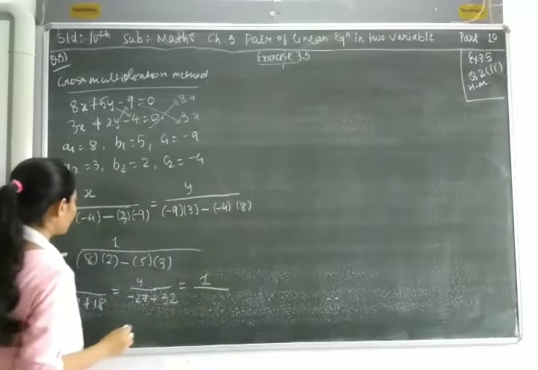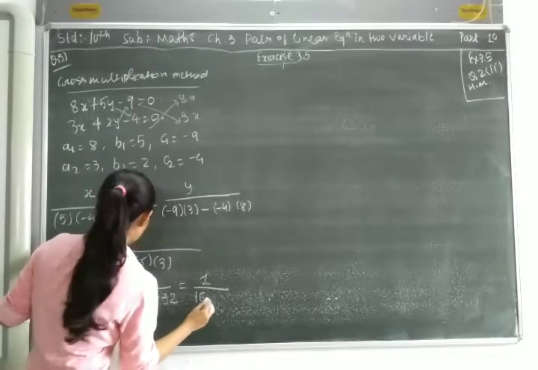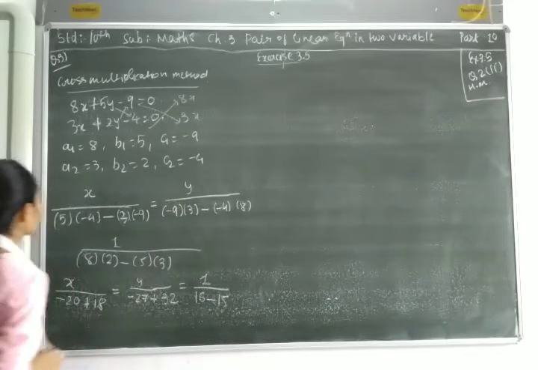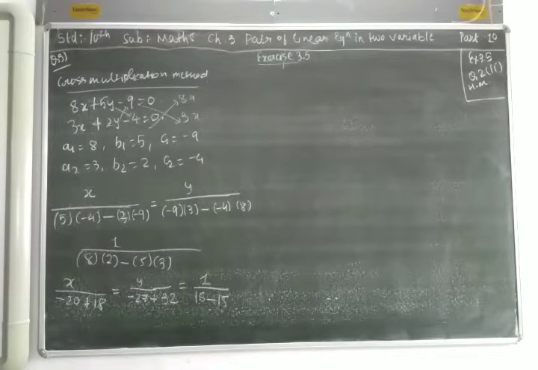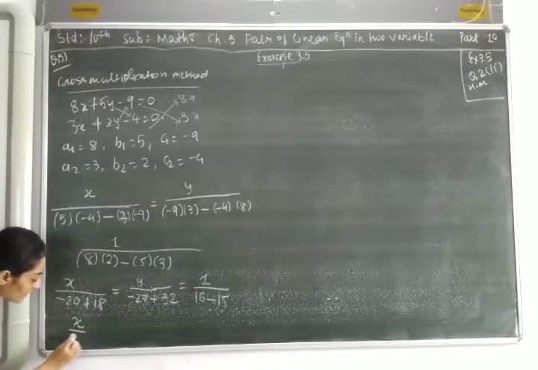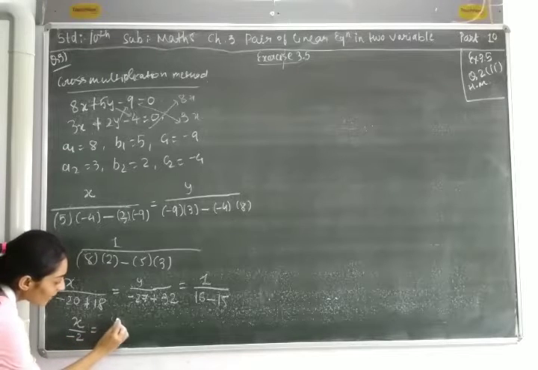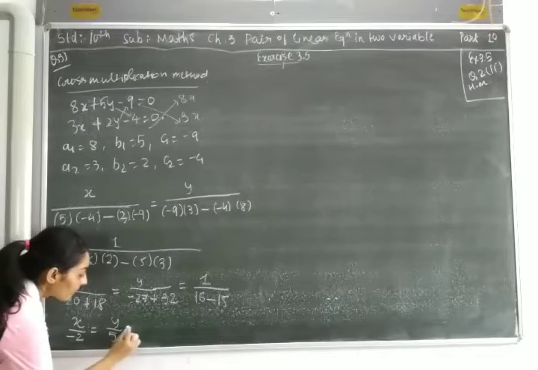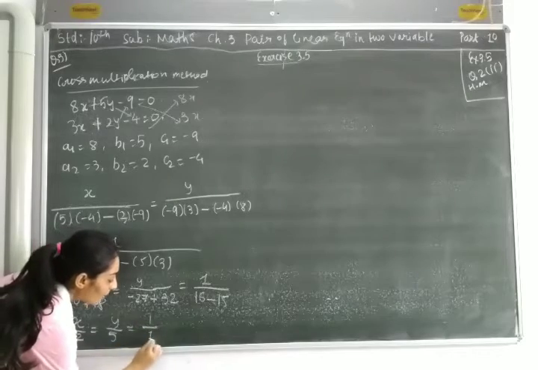Now 60 minus 15. While solving this one, so what I am getting over here? x minus 2, y. Solving this one, I am getting 5, 1 and 1.